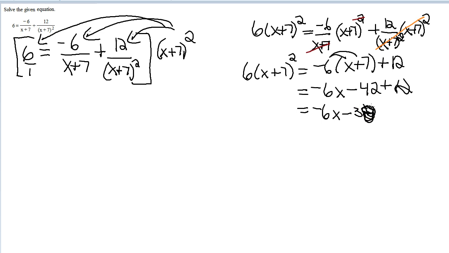Okay, and so we have 6 times the quantity of x plus 7 squared is supposed to equal this. If we factor out a 6, we'll have a -x and then a -5.